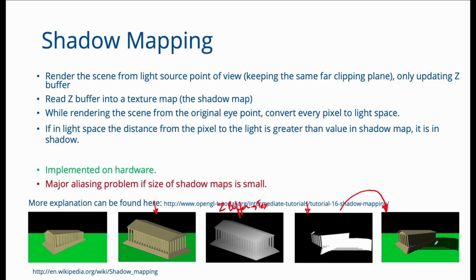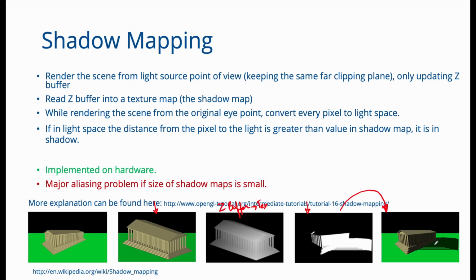However, there is a slight problem here. The problem arises because we have a texture that only has a finite number of pixels, and on this you are trying to store information about points on your scene.